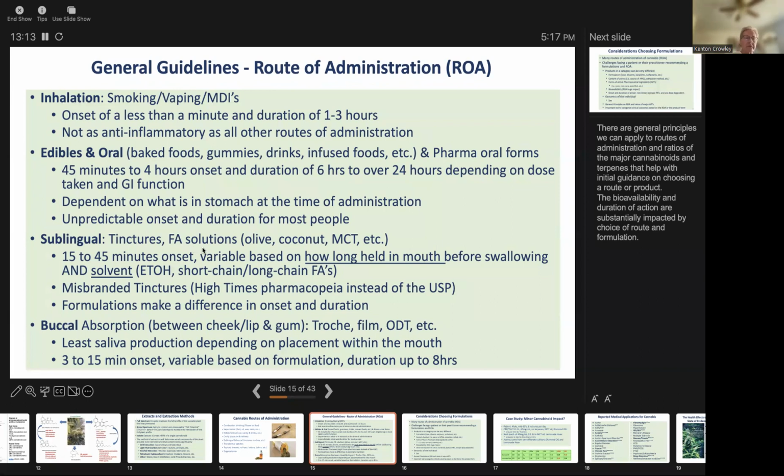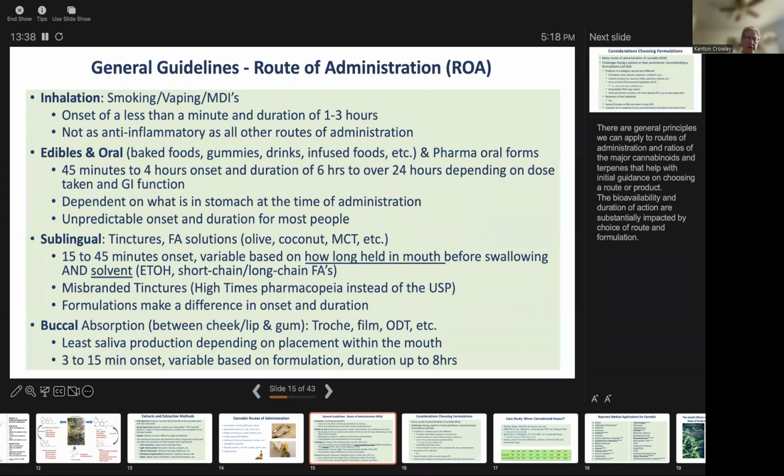Sublingual tinctures or fatty acid solutions, they use all forms of fatty acid solutions today, usually have an onset of action from 15 to 45 minutes, but it depends on how long they hold it in the mouth before swallowing and the solvent used.